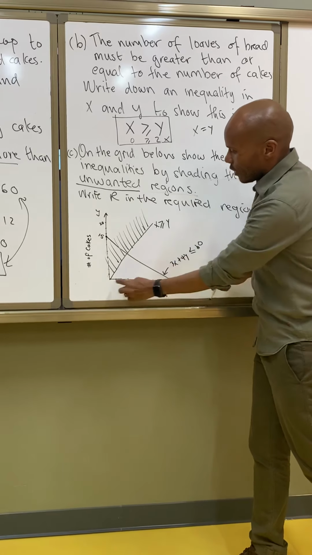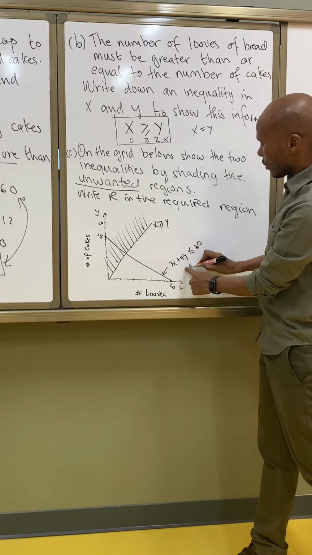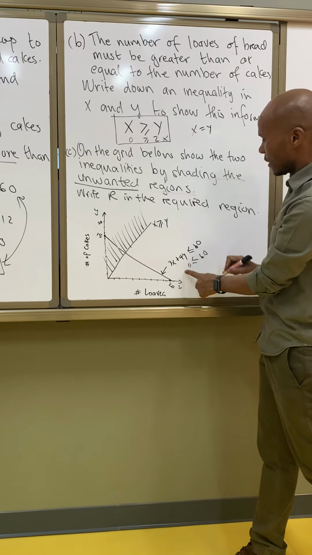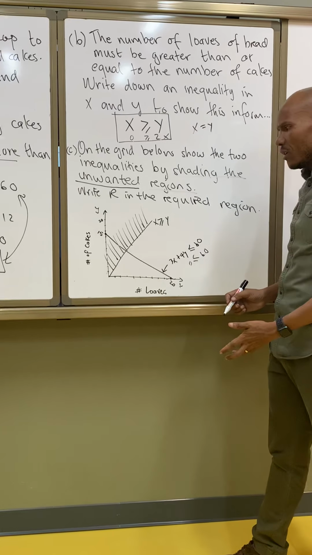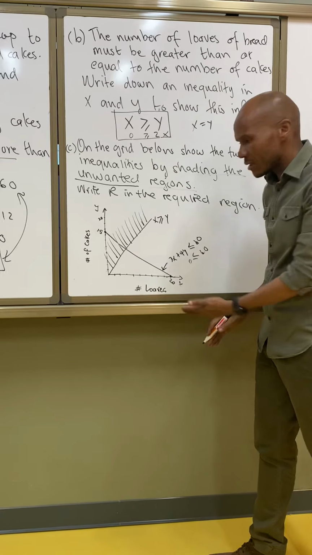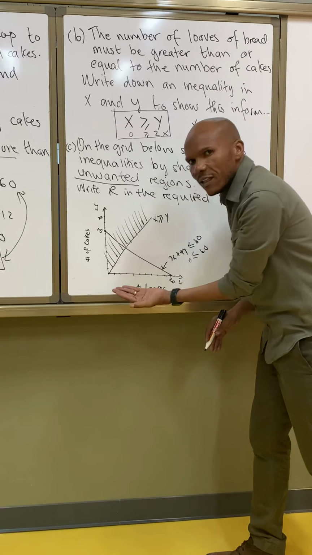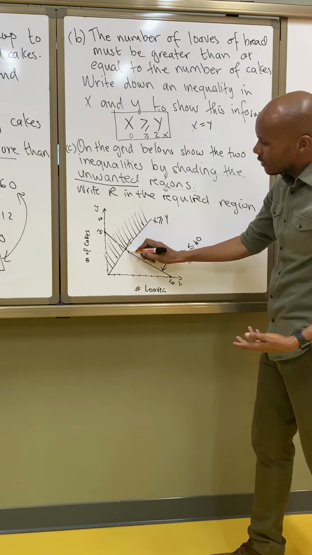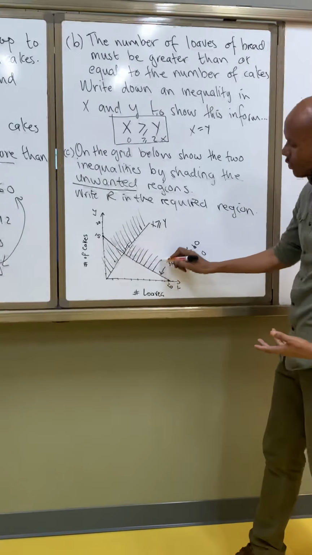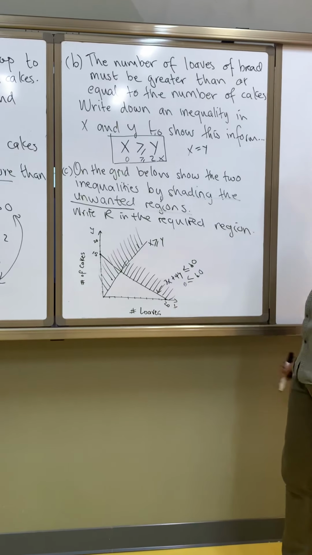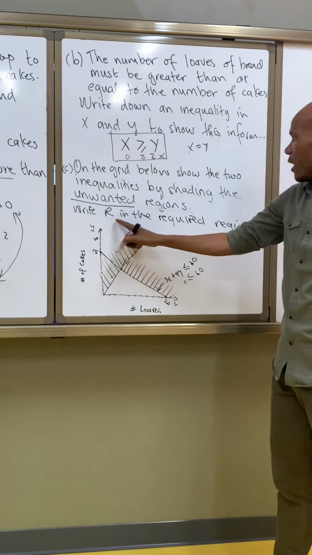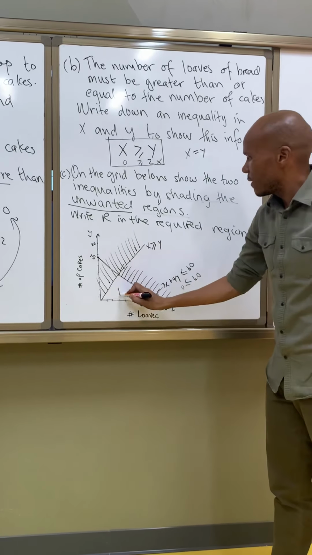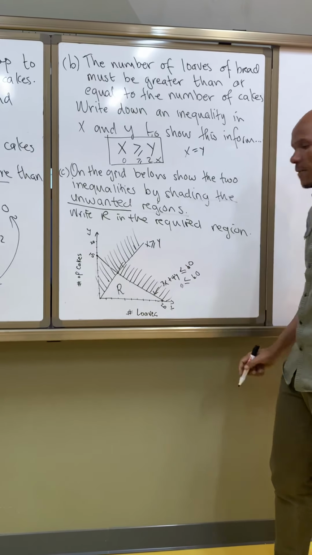So let's choose 0, 0. So 0 is less than 60. Of course 0 is less than 60. So that means below this line is a true region, and the above one is a false one. So we shade the above one and write R in the required region, and R is there, and that's the end.